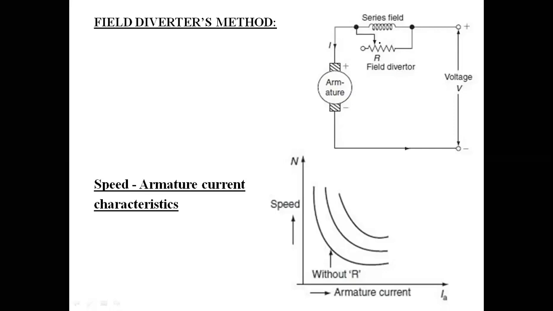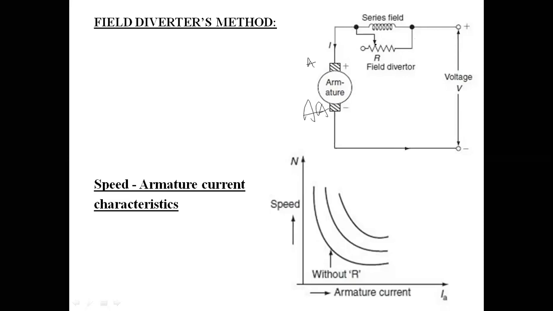Yes, let us continue. This is your series motor, a field which is connected in series to the armature terminals, A and AA. So whatever current passes through the armature is the current passing through this field.